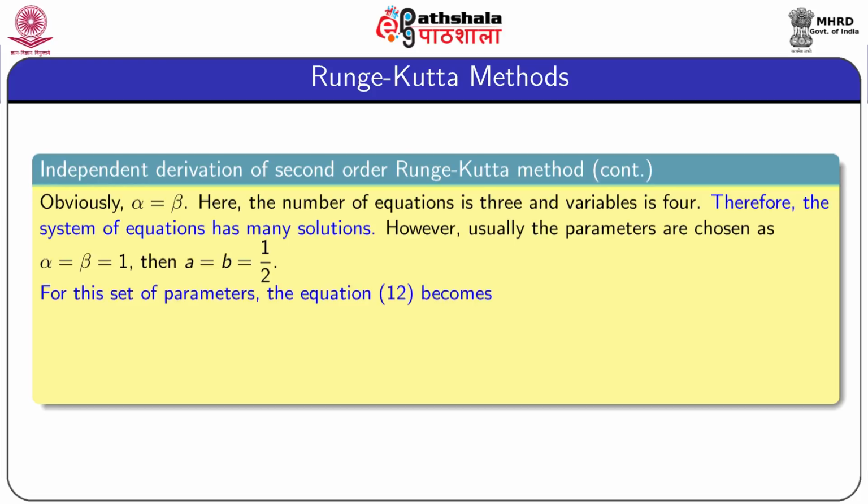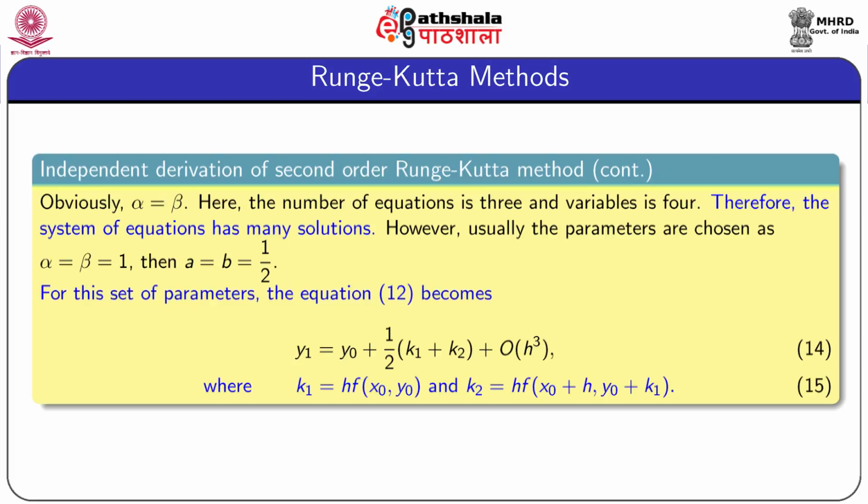So, for these parameters equation 12 becomes y1 equal to y0 plus half into k1 plus k2, plus order of h cube, that means the truncation error is order of h cube, and k1 equal to h into f of x0, y0 and k2 equal to h into f of x0 plus h comma y0 plus k1. So this is the famous second order Runge-Kutta method to solve a first order differential equation of the form dy/dx equal to f of x, y.